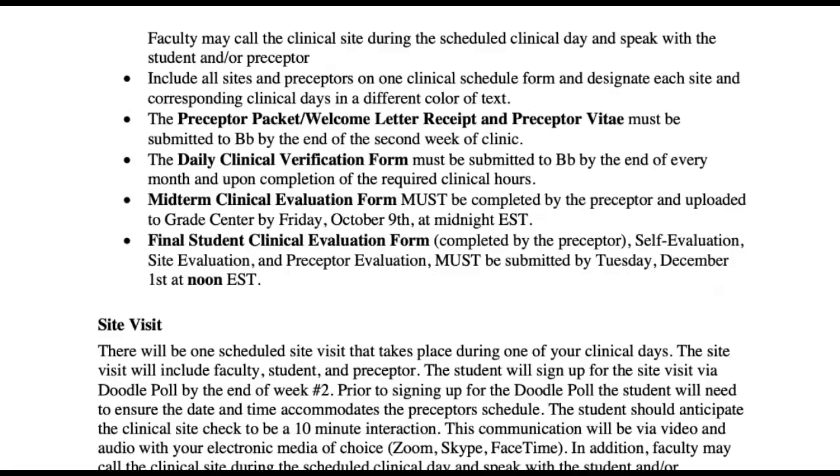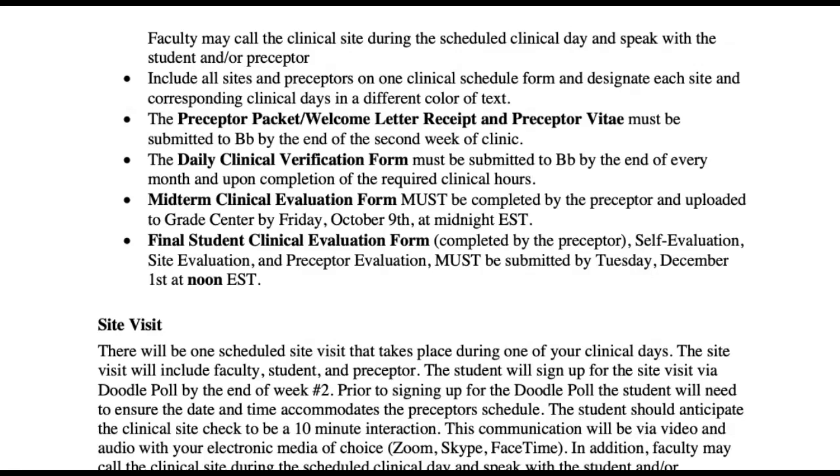the course leader. Preceptor receipt, acknowledgement that they received the preceptor packet and welcome letter, and the preceptor vita is due by the end of your second clinic week. You take that daily clinical verification log with you each day in clinic, and there's one for every month.